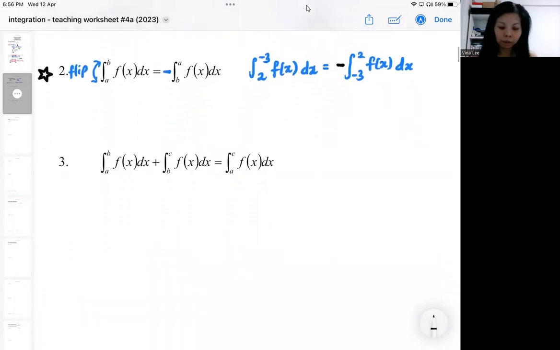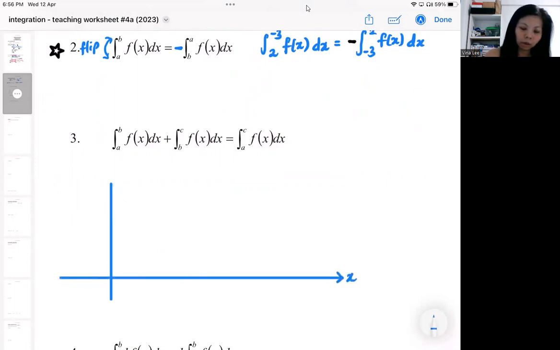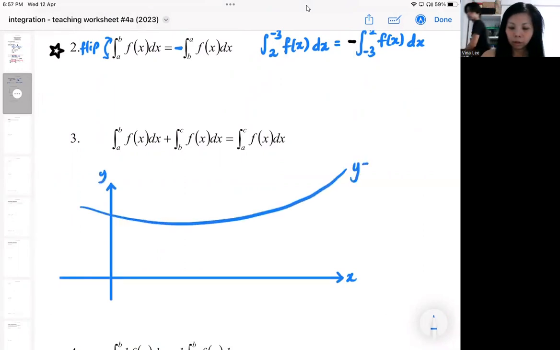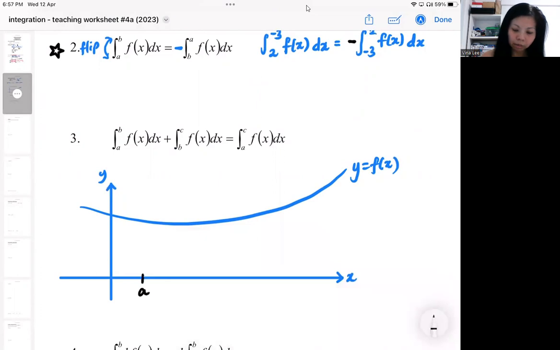Now, this is another property that you will need to know. So to better understand this property, I will draw for you. So I'm going to draw f(x). Then I'm going to have a, b, c. So let's look at this part first. x equal to b and x equal to a.